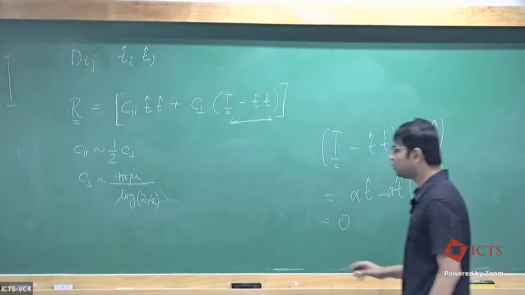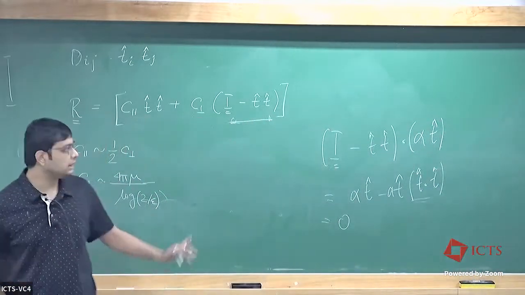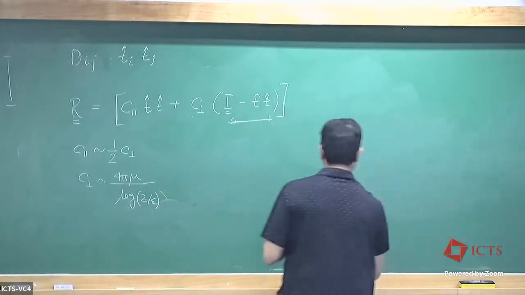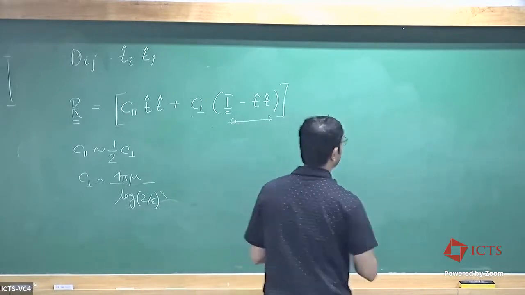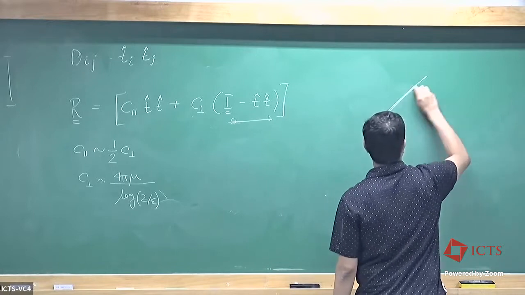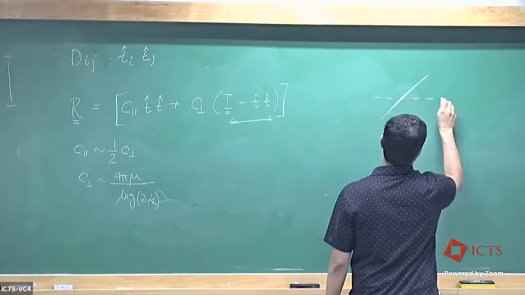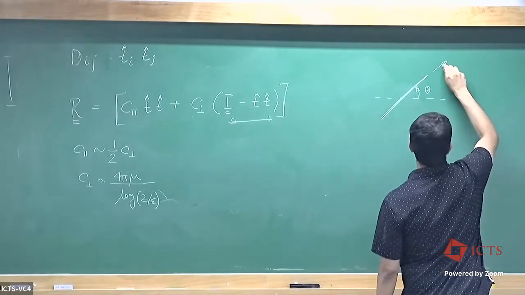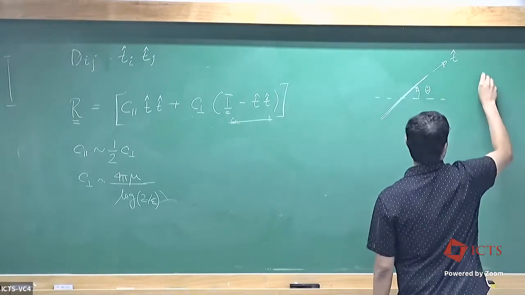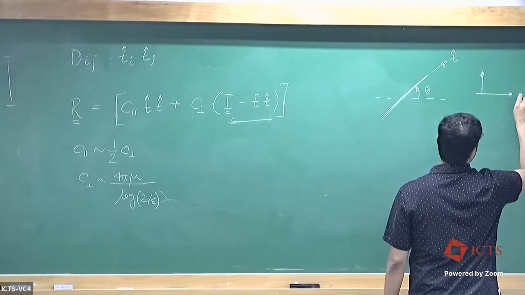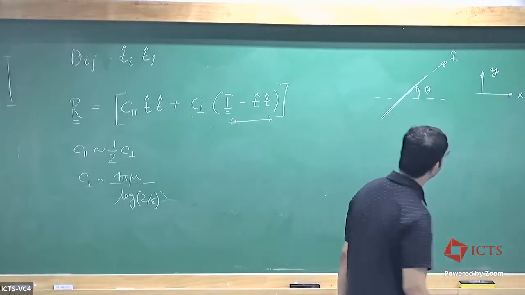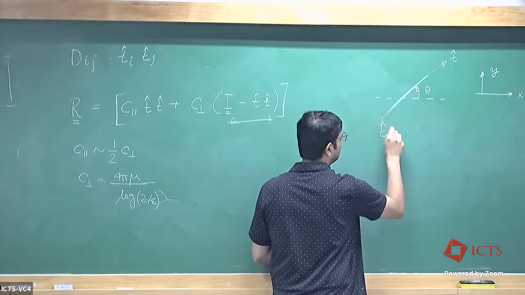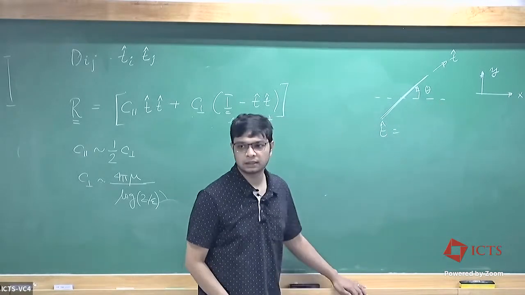So let me write down for a particular case how this matrix looks like, that will be easier. Suppose this is your rod. This is angle theta, and this is t hat. This is x, this is y. So what is t hat in terms of x and y?